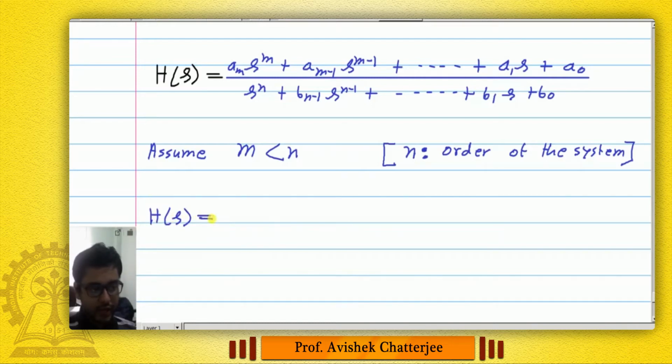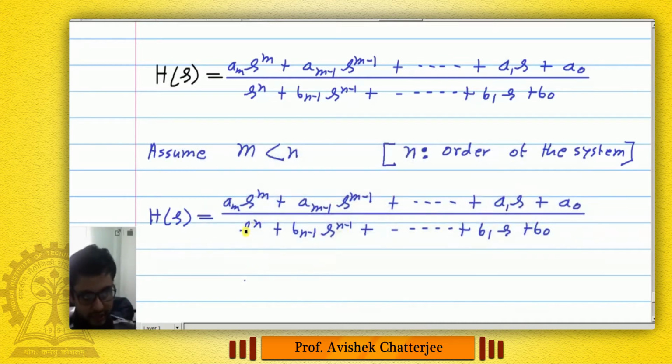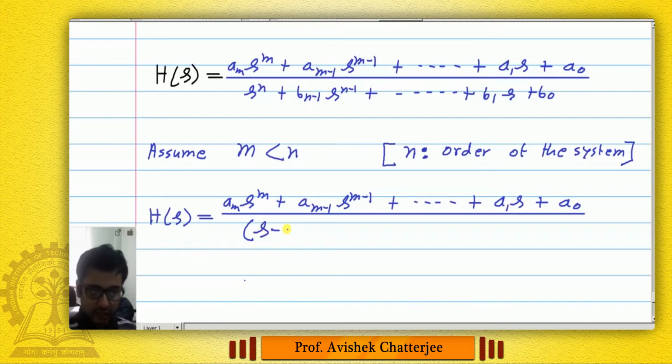Then H(s) you can write in this way. Let me factorize the denominator polynomial in the following way. Suppose it is (s minus p1)(s minus p2) dot dot dot (s minus pn).